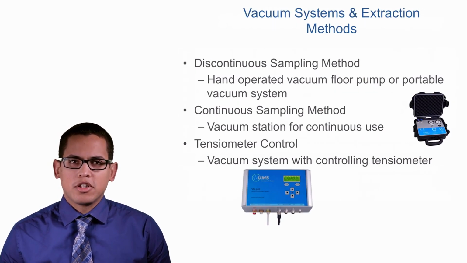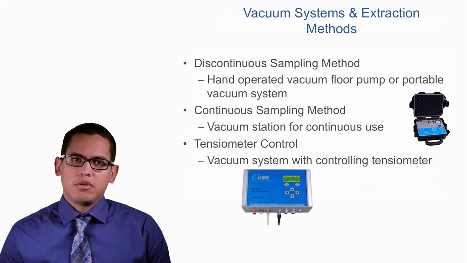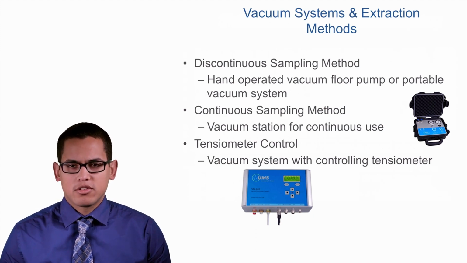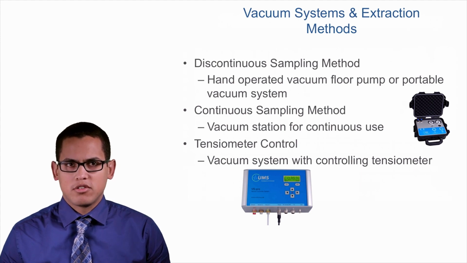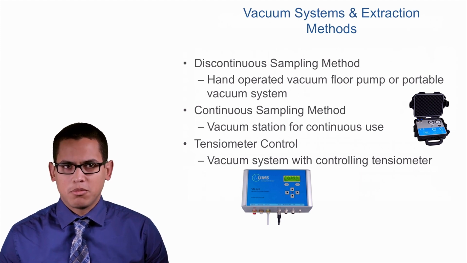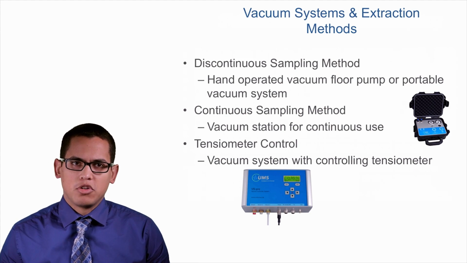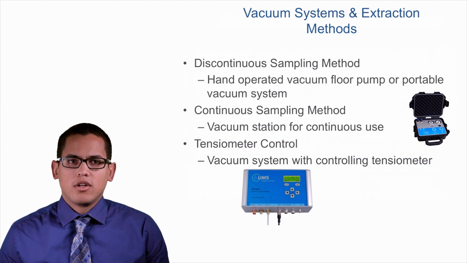All right, so now let's go ahead and move into vacuum systems and extraction methods. We're going to focus on three different types of methods. The discontinuous sampling method, where you would usually use a hand-operated vacuum floor pump or a portable electric vacuum system.